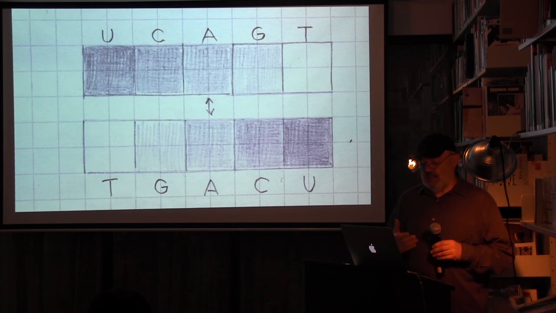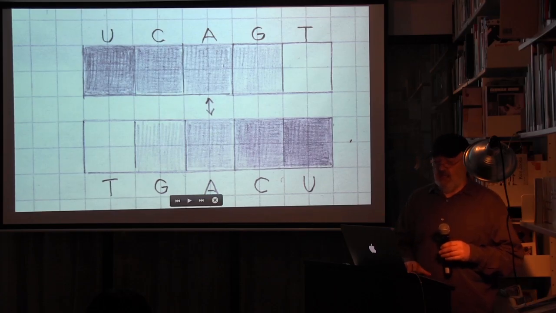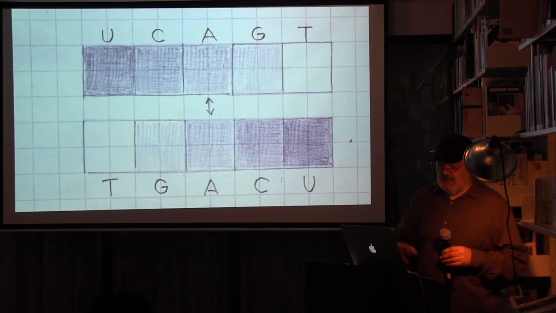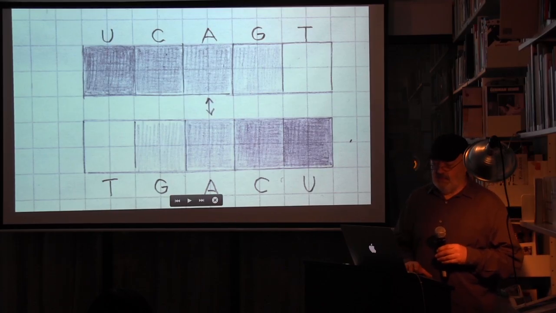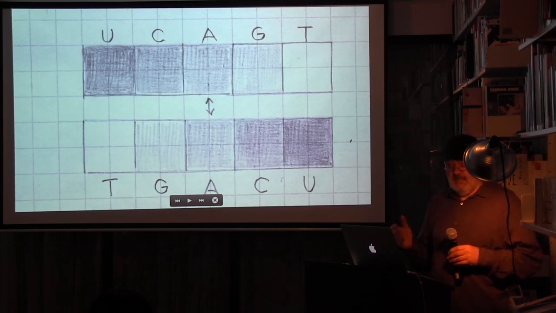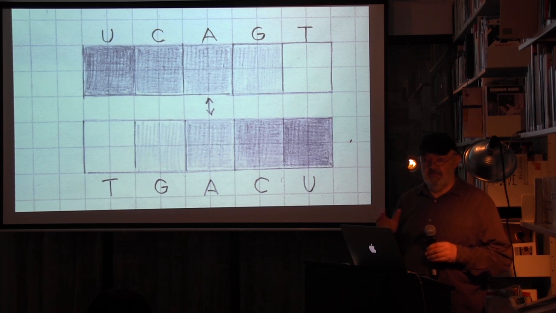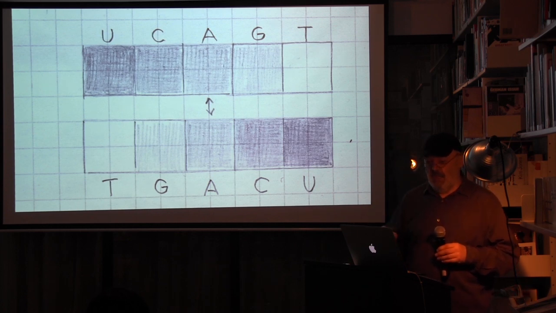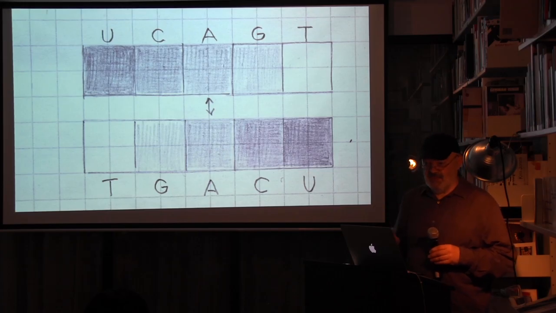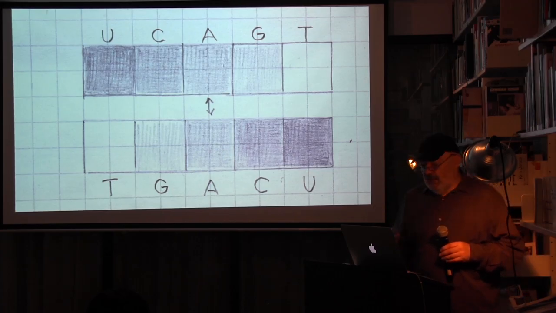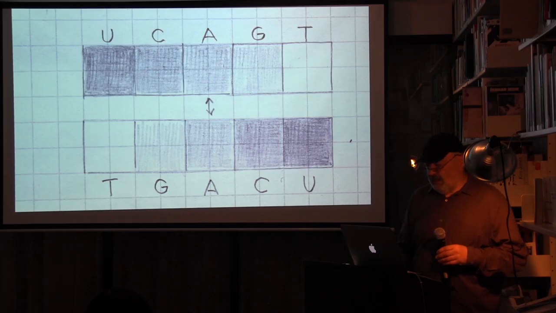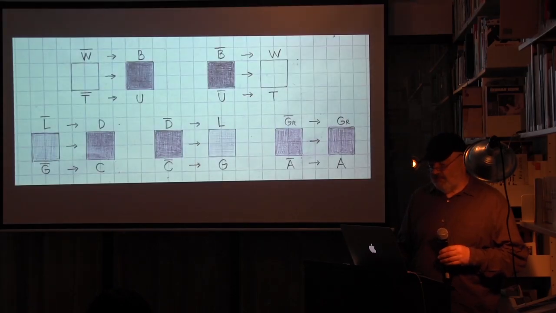Here we will define the negative in such a way that a negative of uracil is a white thymine. Negative of cytosine, which is dark gray, is light gray. Negative of adenine is adenine. Adenine, or gray, is neutral to the operation negative. It doesn't change. So it's a very interesting property. And adenine is the currency that is being exchanged as well. So this is the definition of negative.